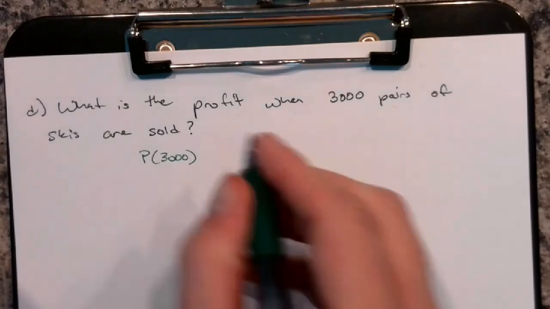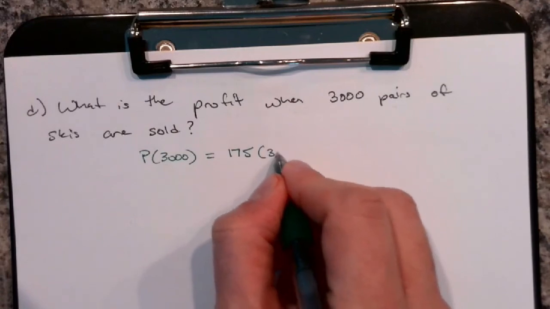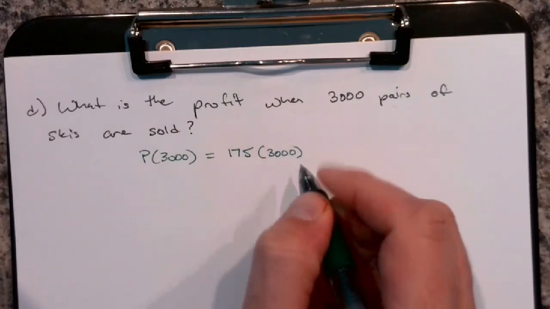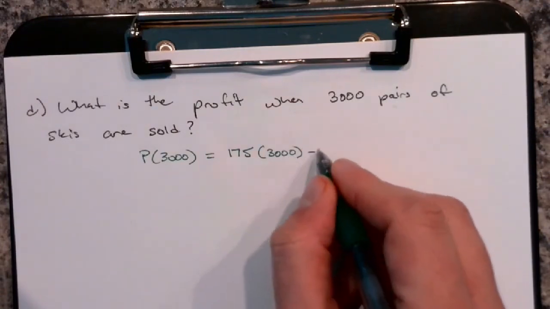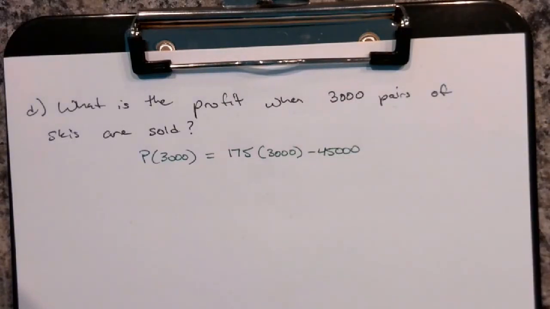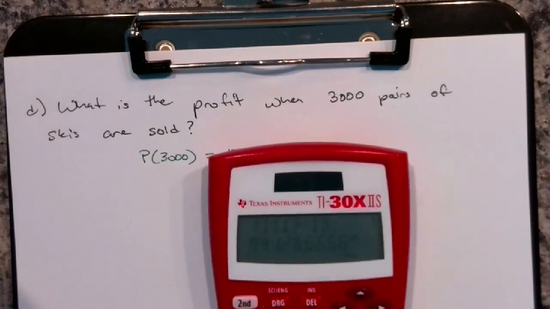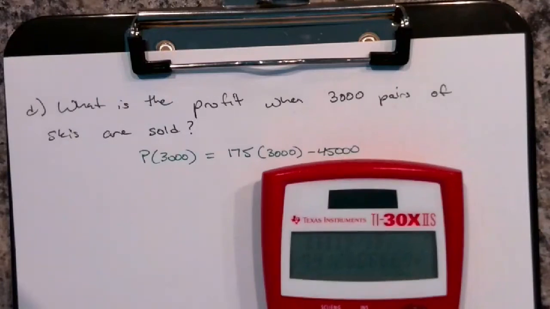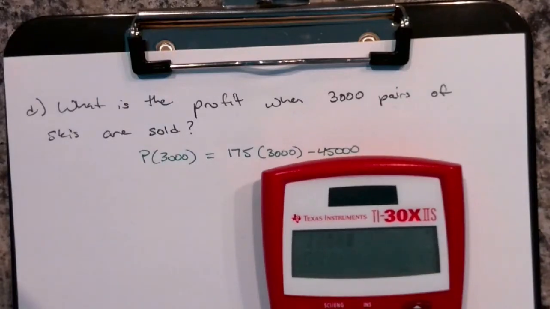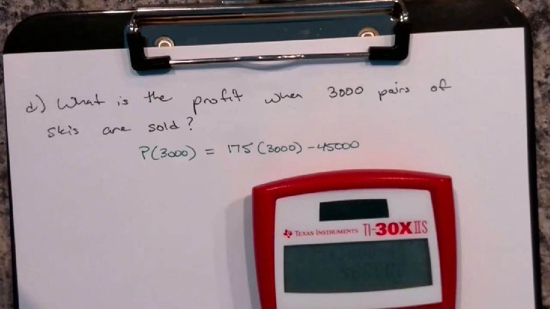So P of 3,000 is equal to, we had 175 times X, so it's 175 times 3,000, and then minus 45,000. And you could evaluate this individually, or if you have a calculator that displays everything on the screen, similar to one I have here, you really could just type in 175 times 3,000 and then minus 45,000, because your calculator knows the order of operations.